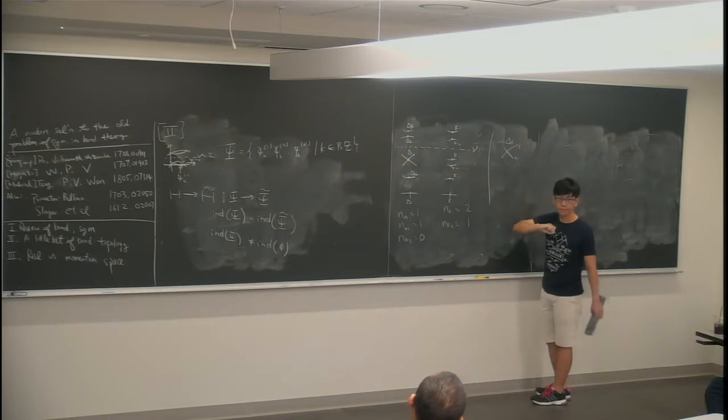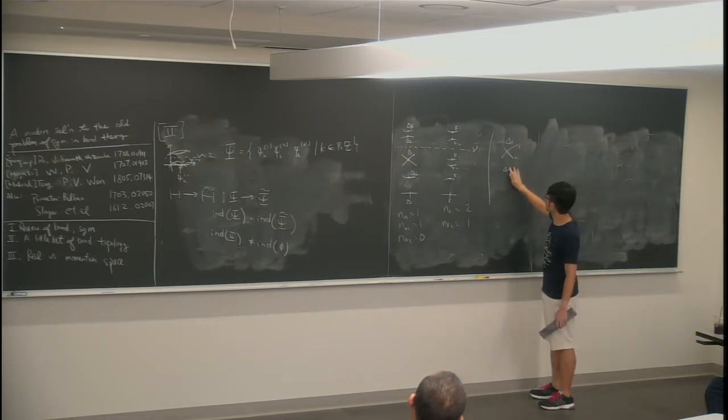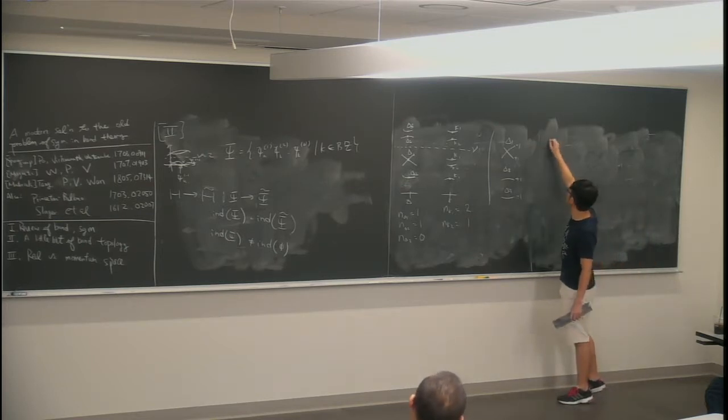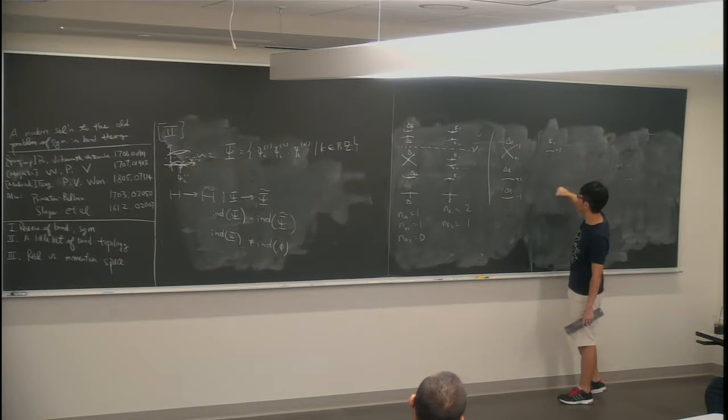And for delta 2, this is say +1, and delta 3 is going to be -1. So kappa, maybe kappa 1 is just -1, and kappa 2 is just +1.